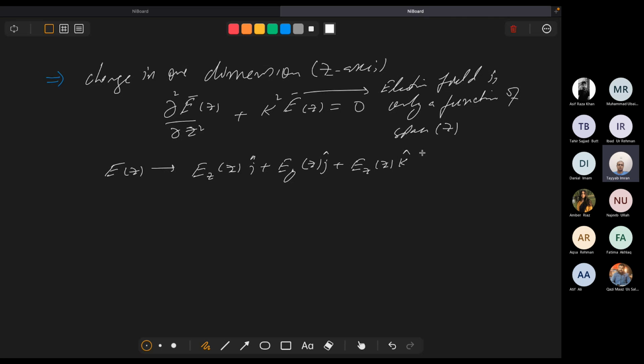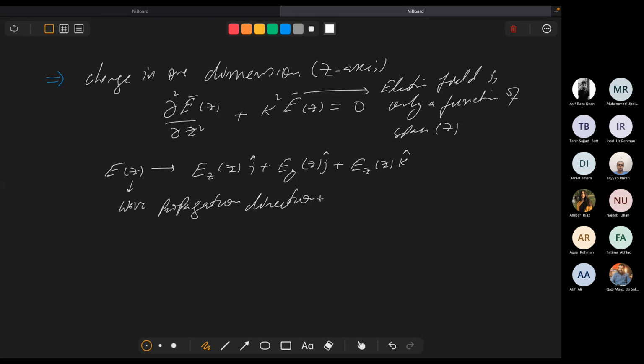So if we write the E in the coordinate form, and basically Z here, this Z actually shows the propagation direction. Okay. It's a wave propagation direction.